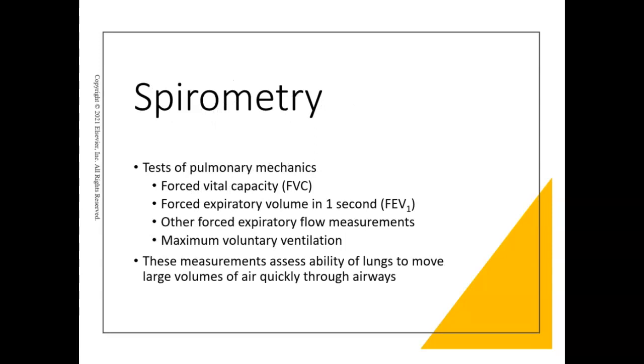The first of these tests is your spirometry test. This is the most common pulmonary function test that we do with patients. So this is something that you might be asked to do in the hospital on a pre-op patient that is getting ready for heart surgery. So you need to do a screening spirometry before they go to surgery.